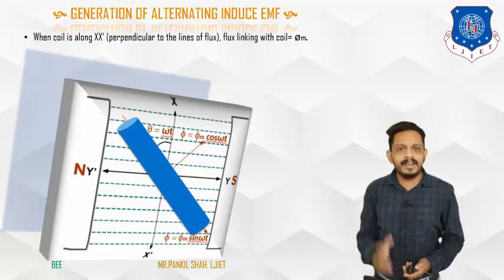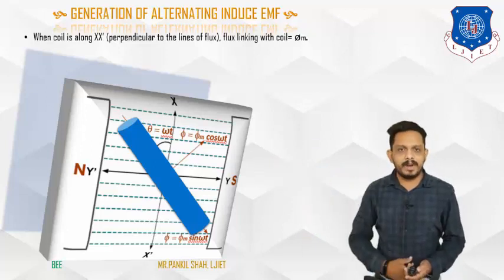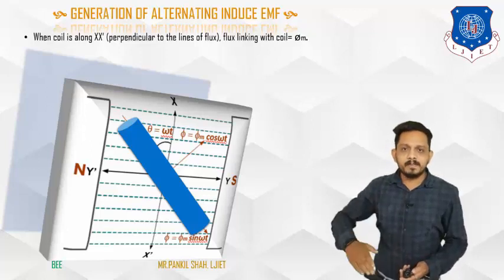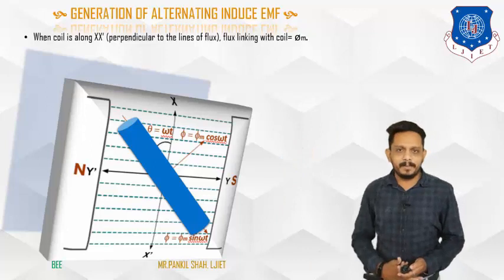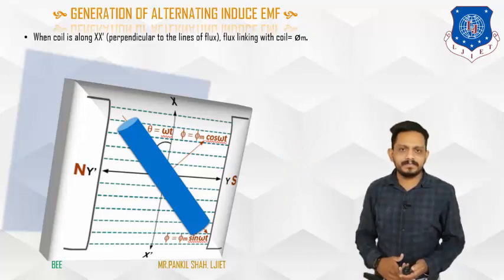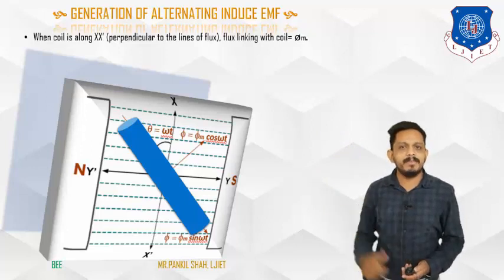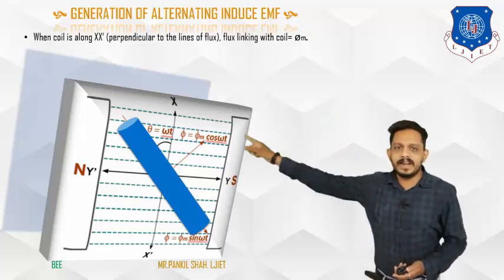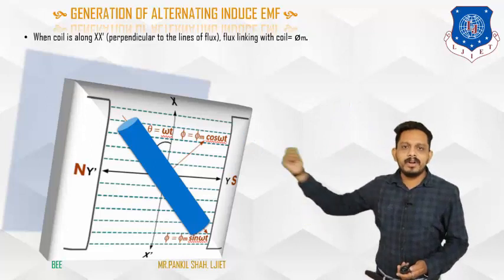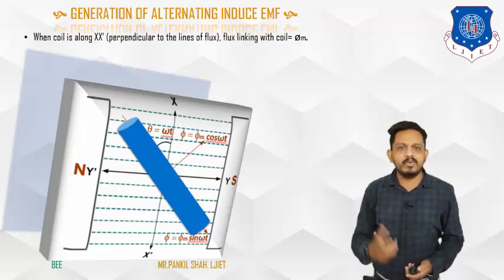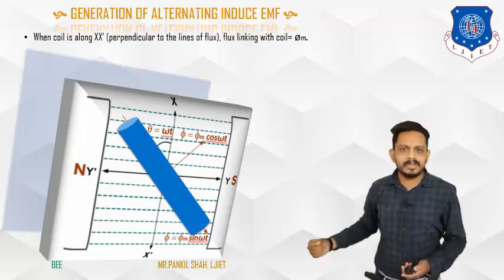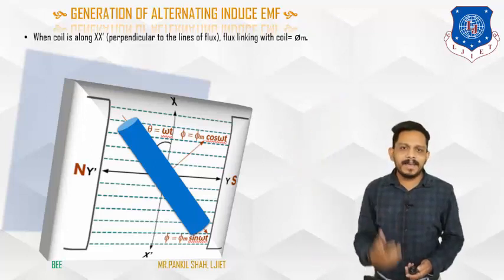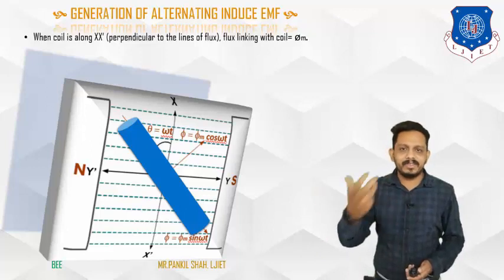In the starting condition, when we start this practical, if our coil is placed at this position, the x axis, you can say that your coil has maximum flux linking with it. Why does it have maximum flux? Because you can see that it is perpendicular to the magnetic field lines, or magnetic flux. So all the flux lines will pass through this conductor. So we can say that maximum flux is linking at this position.